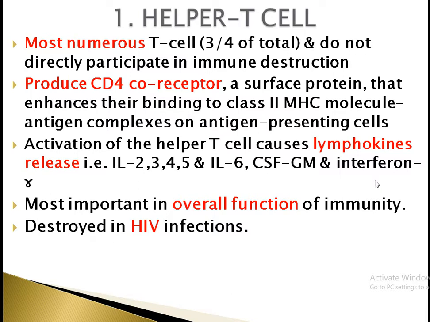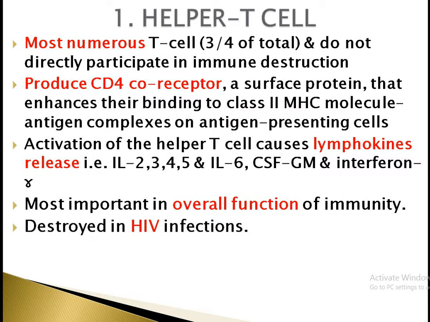Once they are activated, they cause the release of different types of lymphokines: interleukin 2, 3, 4, 5 and 6, CSF, GM and interferon. All these are released by the helper T cells once they are activated.